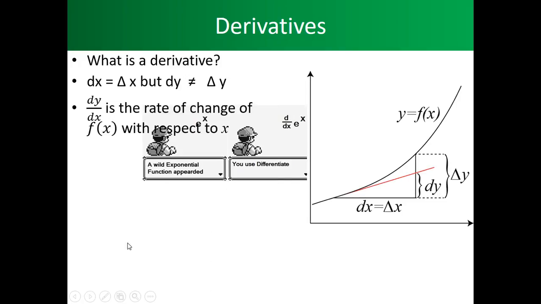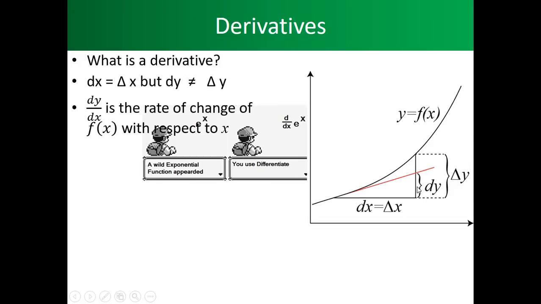Okay, next we have here dy over dx is the rate of change of f of x with respect to x. Okay, or we can call this the slope.